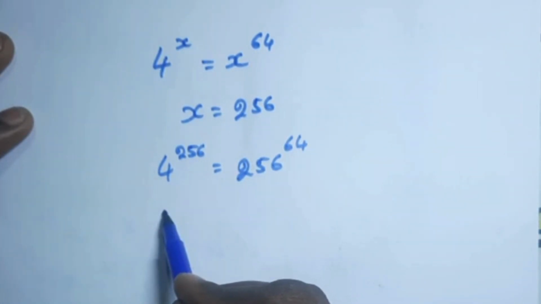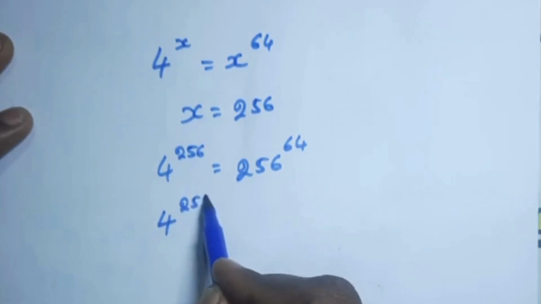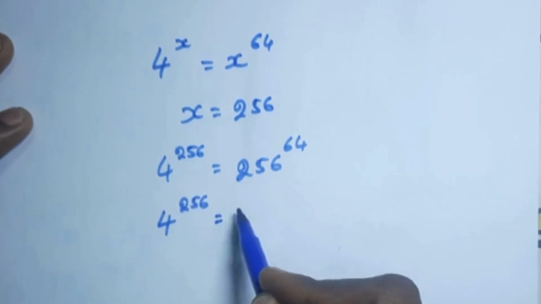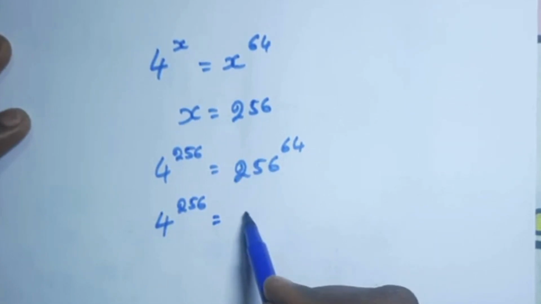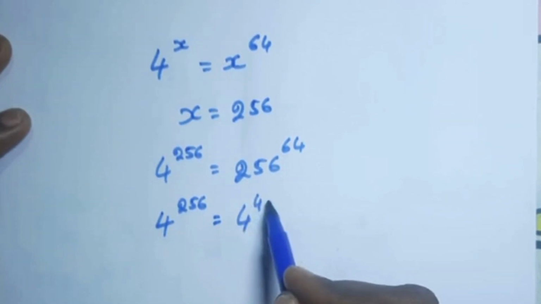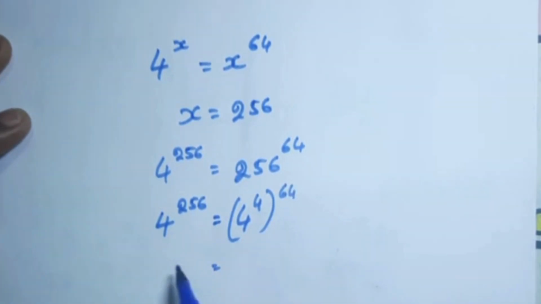Now we can write 256 as 4 to the power of 4. This 64 we are writing in the power.